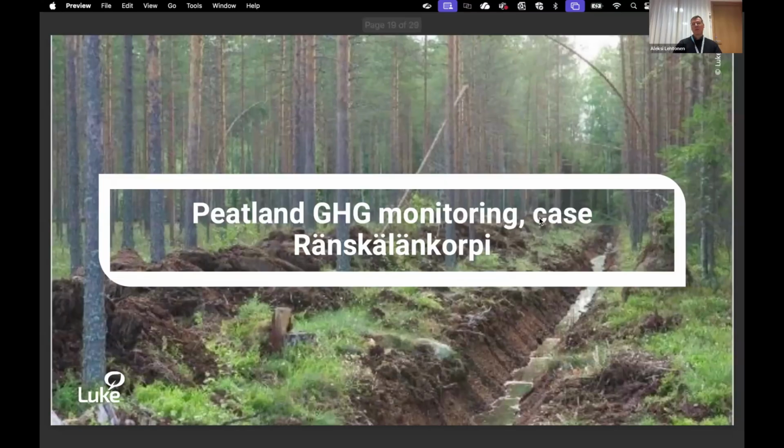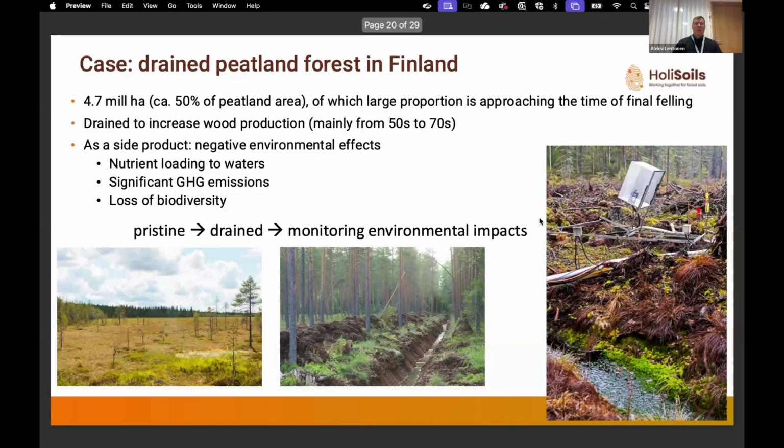Then I jump into the case Ranskalankorpi, which is a drained peatland. Here you see Scots pines. Actually, Ranskalankorpi is dominated by Norway spruce trees. For the background on why we have been studying this, we do have a lot of these drained peatlands, about 4.7 million hectares.